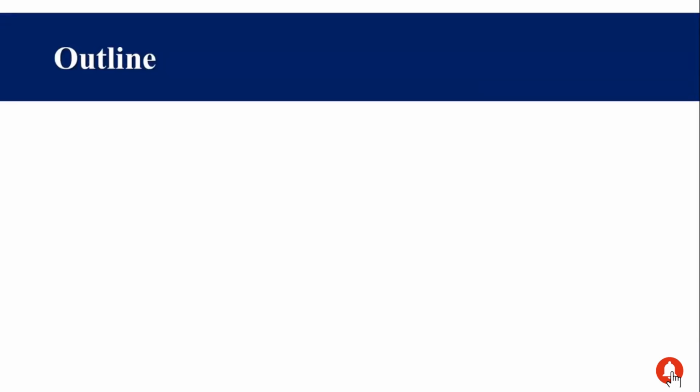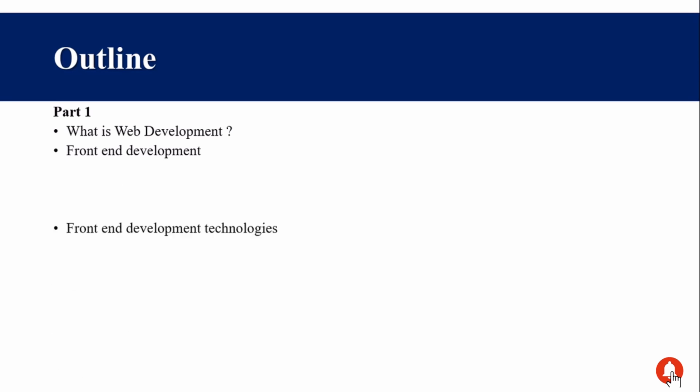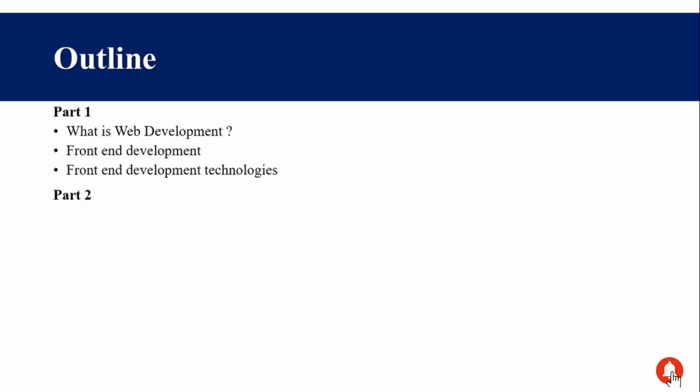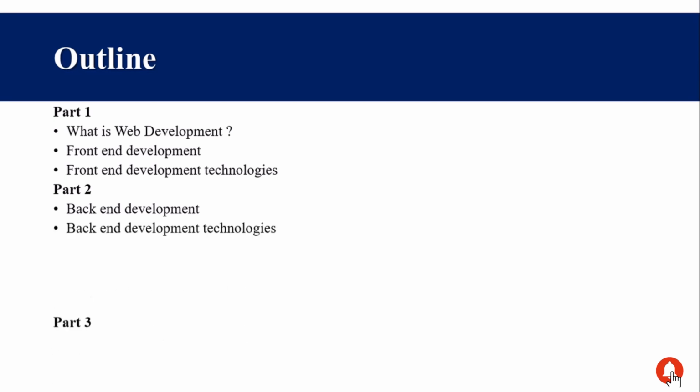Let's get straight to today's outline. First of all, this lecture will have three different parts. In part 1, we're going to look at what web development is, and in the same part we'll look at front-end development and front-end development technologies. In part 2, we're going to look at back-end development and back-end development technologies.